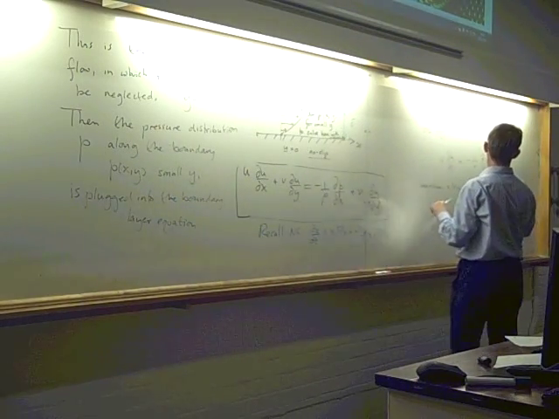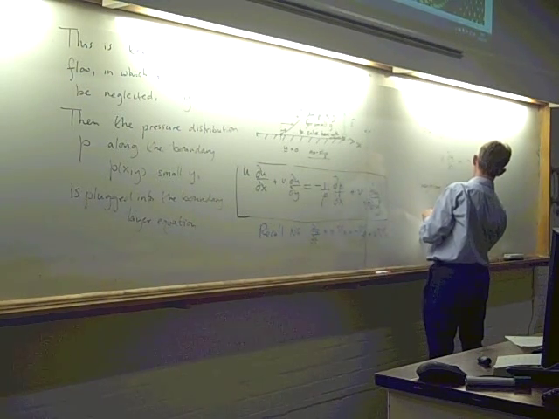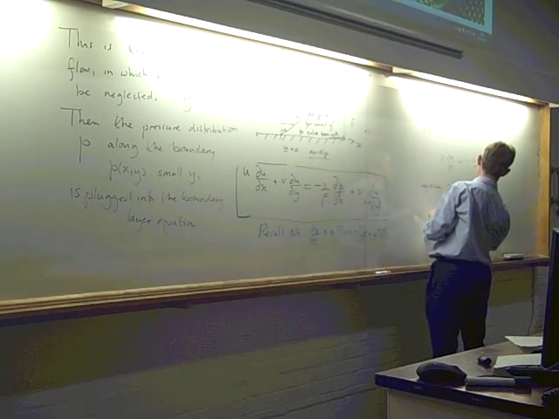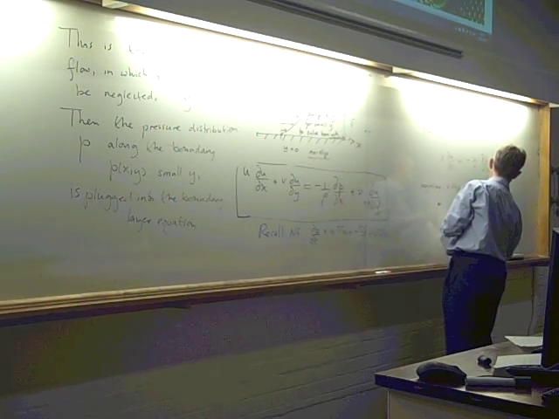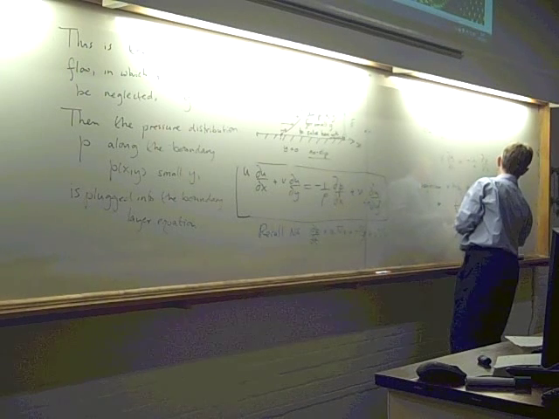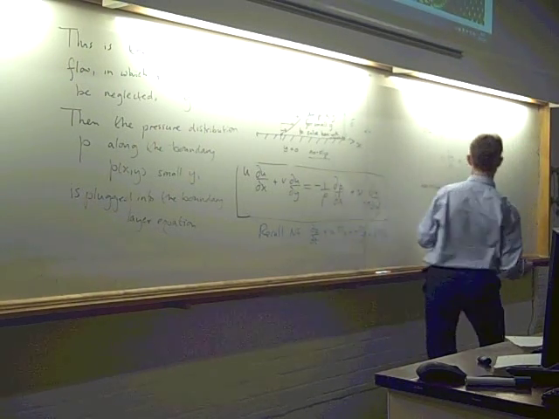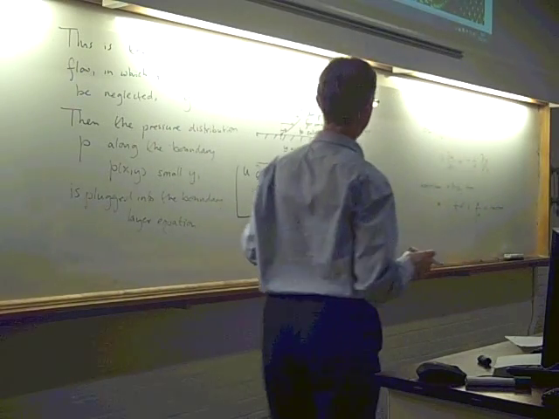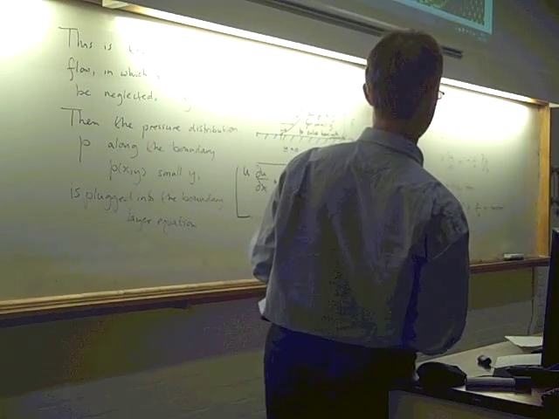Okay, well, if you integrate this, it gives you half u squared plus p over rho equal to a constant. So integration with respect to x gives you that.